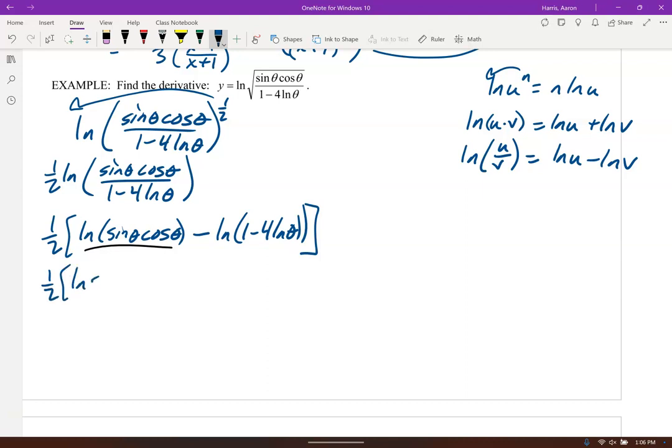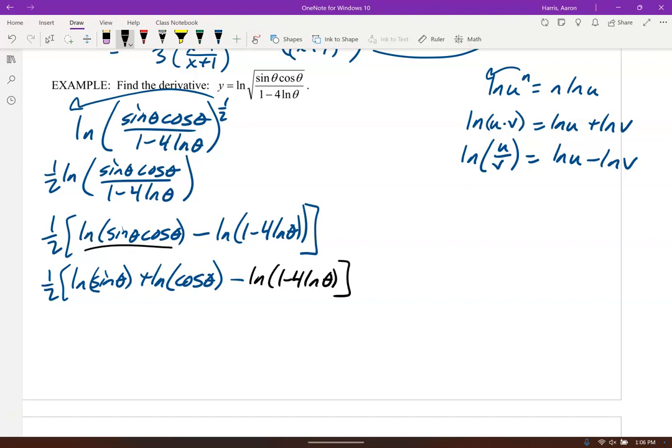So I have natural log of the sine of theta plus the natural log of the cosine theta. And then minus, and I'm going to go natural log of 1 plus natural log of the, oh, I'm sorry, that's not u times, I can't do that. I have 1 minus. I was thinking I had to multiply. That's not being multiplied, so leave that alone. And go ahead and take your 1/2 through.